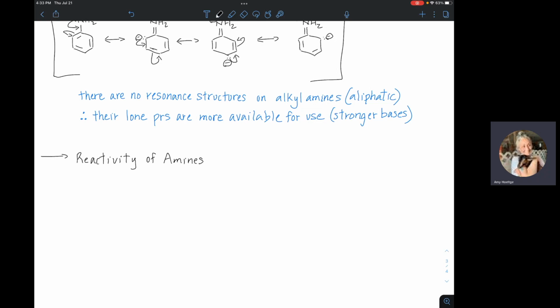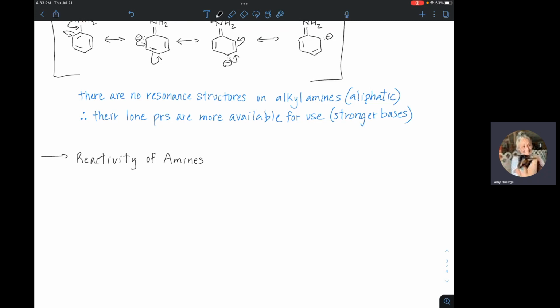So amines can be used as nucleophiles. Amines can be used as bases. We can react them with acids, right? We can synthesize, we can reduce them, right? So we can reduce, not amines. We can reduce, say, like nitrobenzene compounds to make amines.